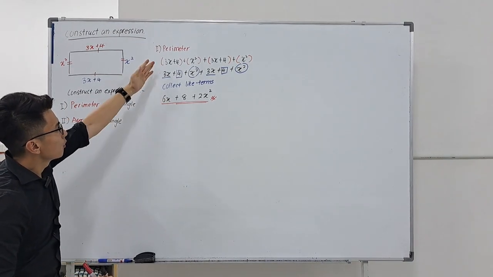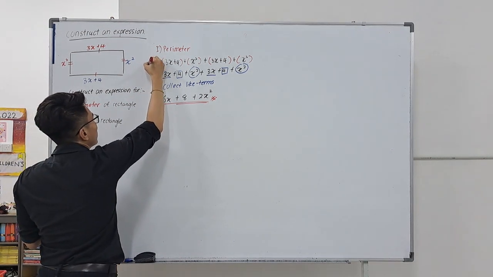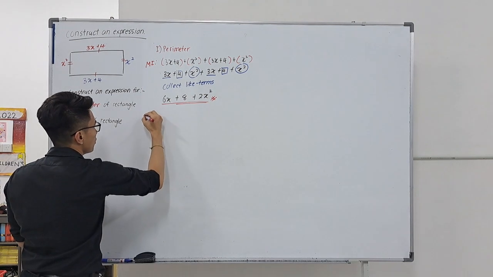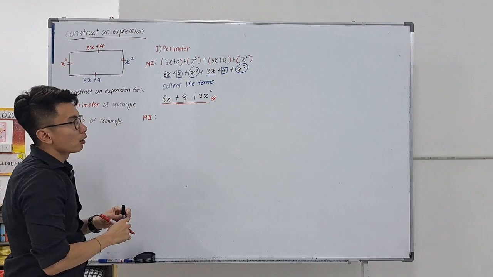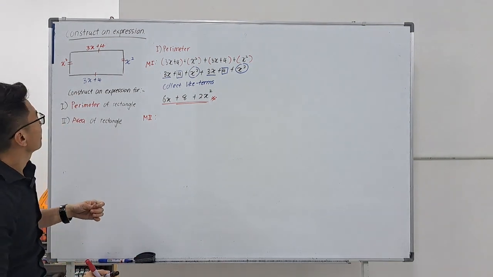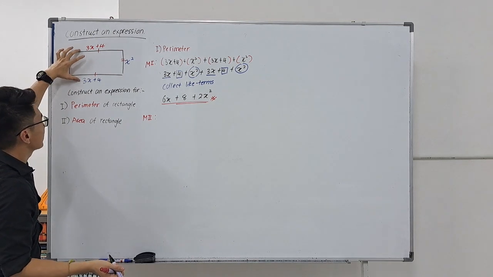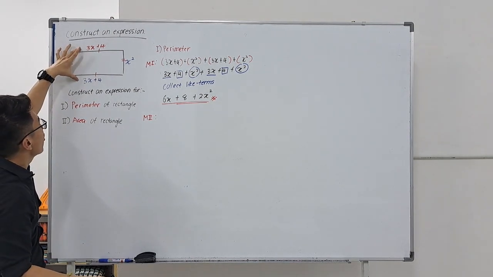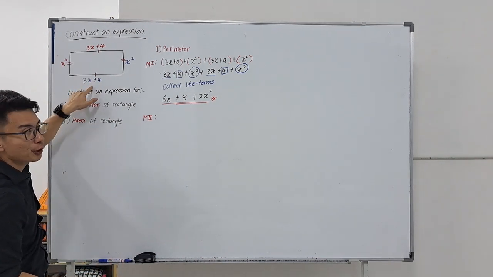Now this is method 1, I'll call it M1. Now I will show you a quicker method, M2. So what's the quicker method here? Since we are dealing with a rectangle and I know that these two lengths are the same, in another way I can say we have both of this expression here.